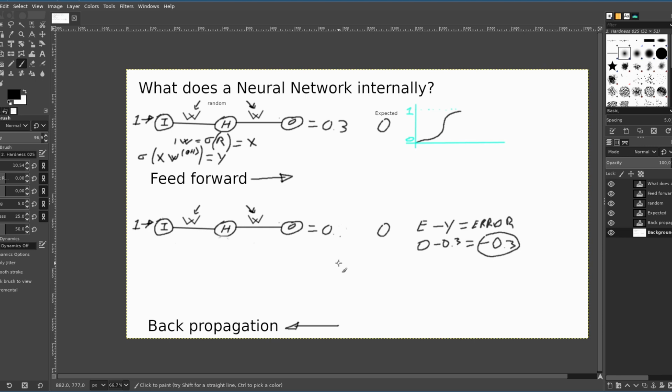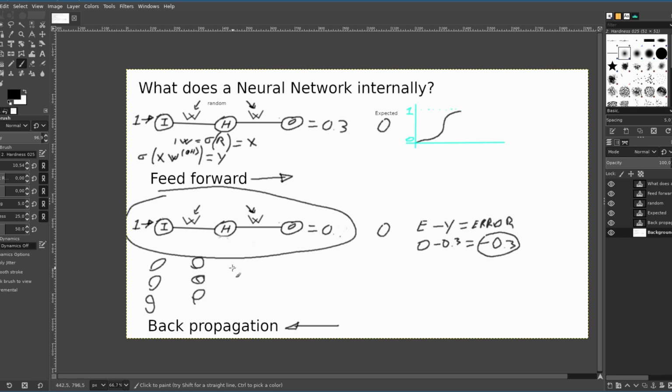So the brain was far bigger. What really changed between this simple neural network and a neural network that has many neurons and many hidden layers?